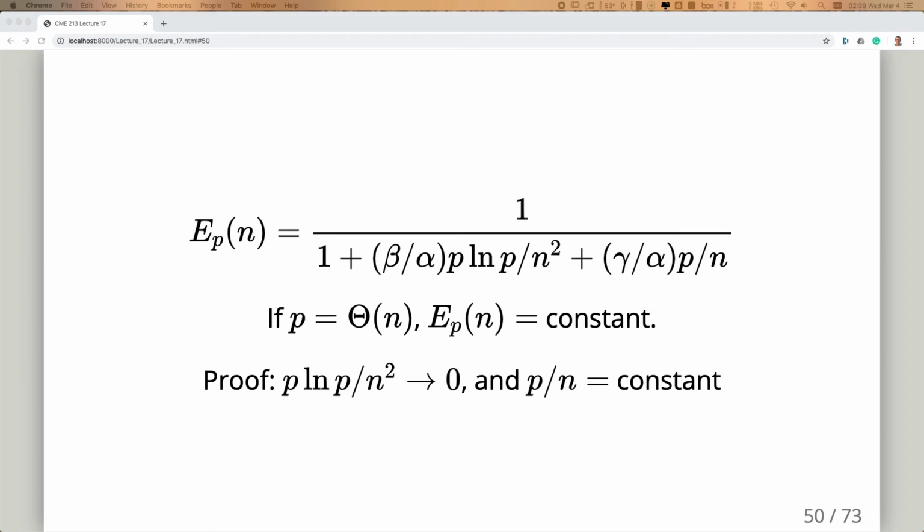If P is proportional to N, then definitely this term is constant. It's not going to 0 and it's not going to infinity. And now this one is N log N divided by N squared. So basically it's log N divided by N. So actually this term goes to 0. But that's fine. So it's 1 plus 0 plus constant. The whole thing is constant. So if P is proportional to N, the efficiency is constant.